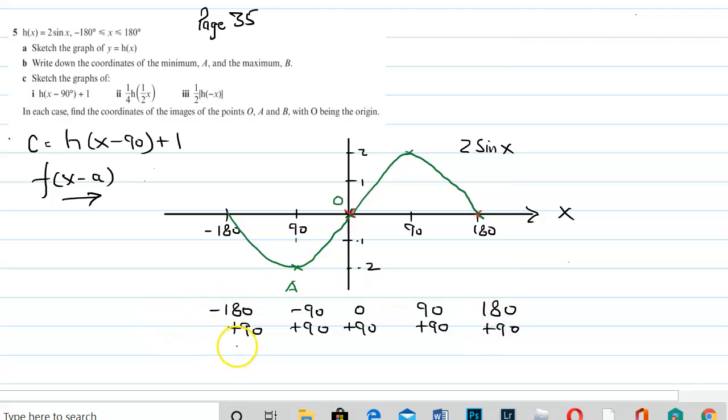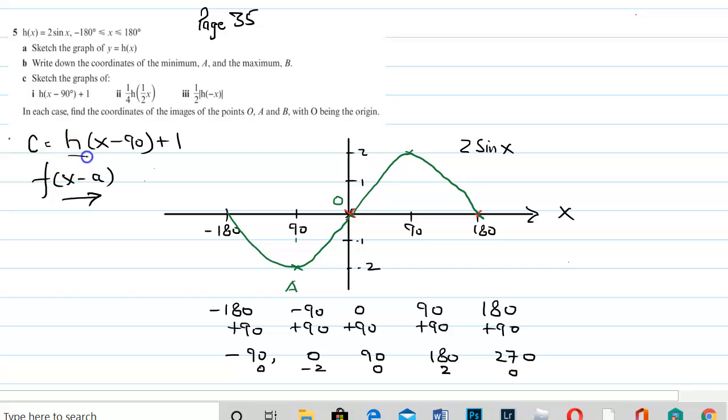So this will be minus 180 becoming minus 90, this will be 0, this one is 90, this is 180, and this is 270, and the y coordinates will remain the same. This is 0, this is -2, this is 0, this is 2, and this one is 0.